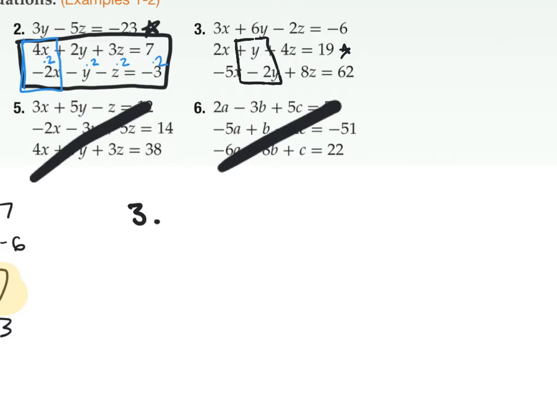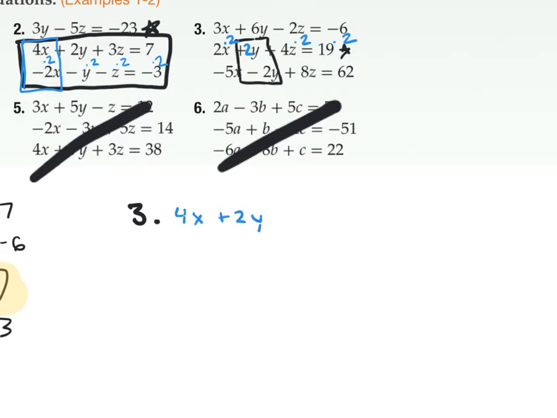So we want our y's to cancel. So what do we have to multiply times our second equation to get it to cancel out with our third? 2. So we want this to be a positive 2y to cancel out with the negative 2y. So we're going to multiply everything in here by 2. So I'm going to rewrite our new second equation down here. We have 4x plus 2y.